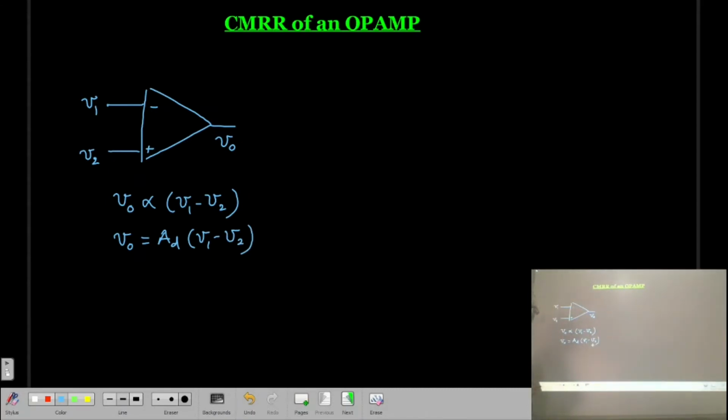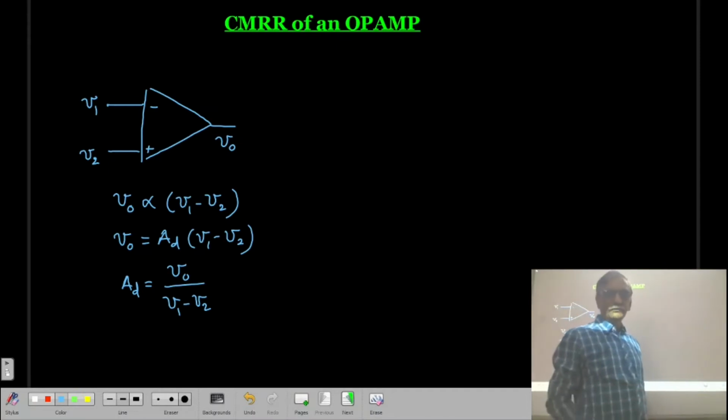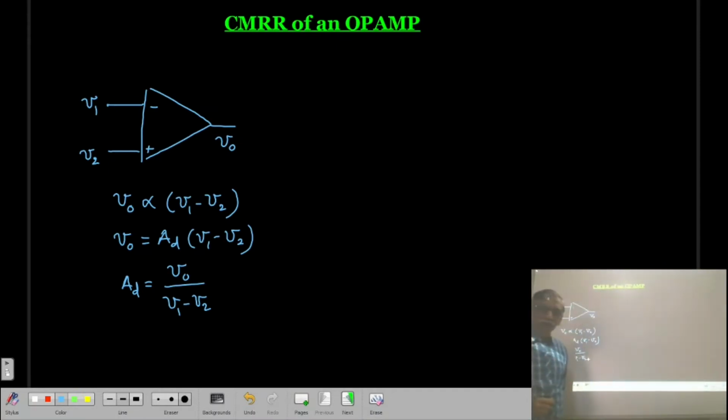Here, AD is known as the differential gain of the amplifier. It is given as VO divided by V1 minus V2, and V1 minus V2 is nothing but the difference between the two input voltages. So it is known as the difference input signal, and it can be represented as VD.